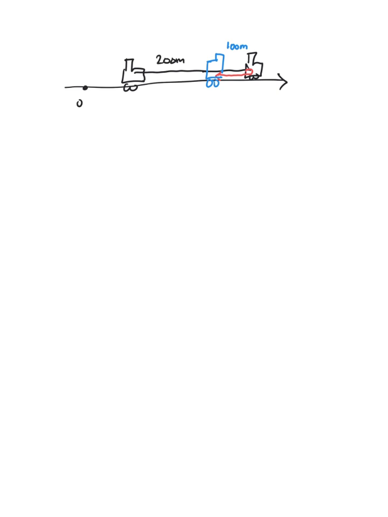So just to be a little more clear on this, the 200 meters is this distance here. So the car traveled first 200 meters to the right, and then it turned around, it changed direction, and moved 100 meters to the left.